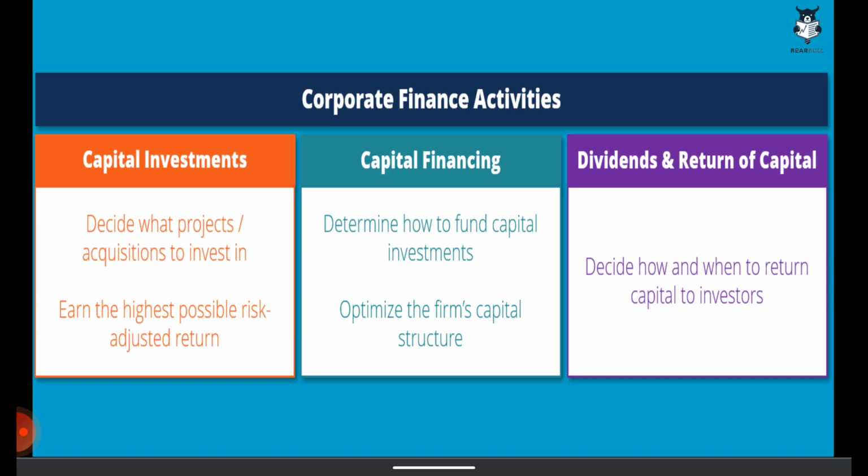So you have to keep a balance and maintain an optimal capital structure to make sure that your business has liquidity, does not face liquidity issues, as well as saves money. So once you decide in the first step that you are going to undertake a project, the second step is how to finance that project, and third is dividends and return on capital.